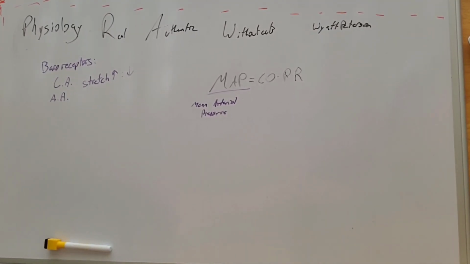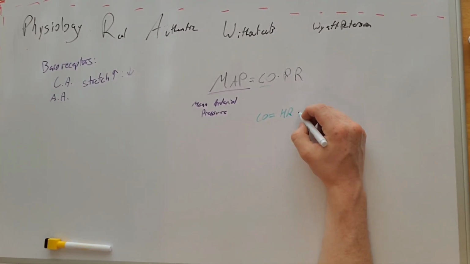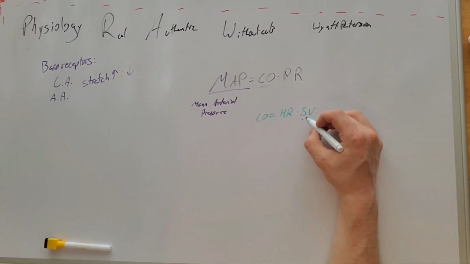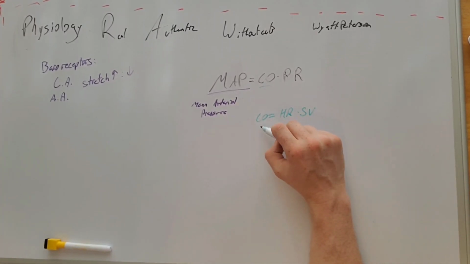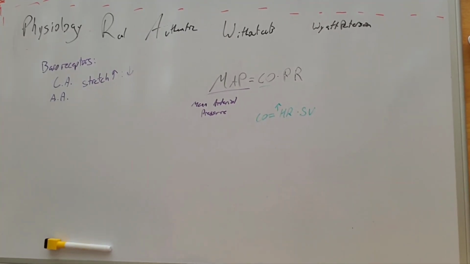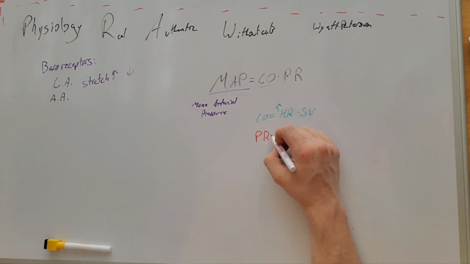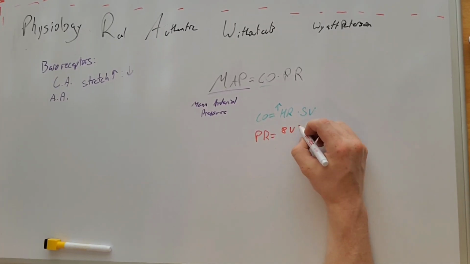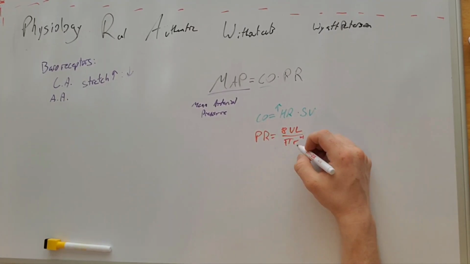And so I'm going to talk about cardiac output for a second. Cardiac output is heart rate times stroke volume. And so usually when we want to change cardiac output, we're going to raise the heart rate. And then peripheral resistance is a longer equation, so it's 8 times viscosity times length over pi r to the fourth.